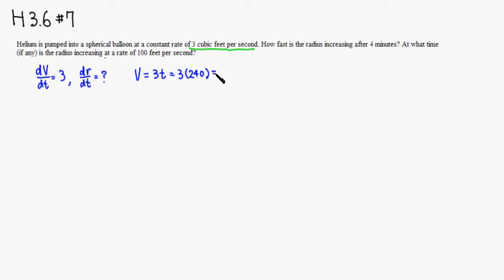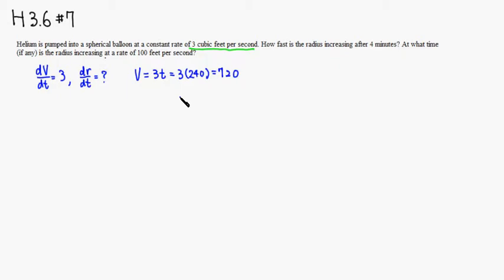So the volume is going to be 3 times 240, which is 720 cubic feet. That's the volume after 4 minutes.